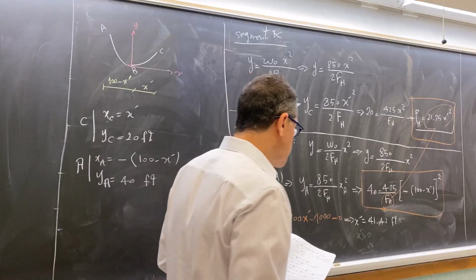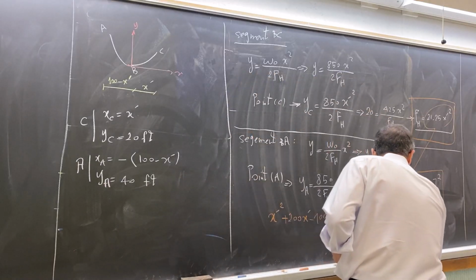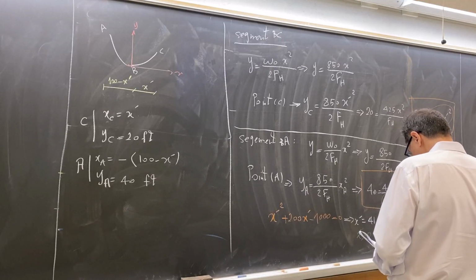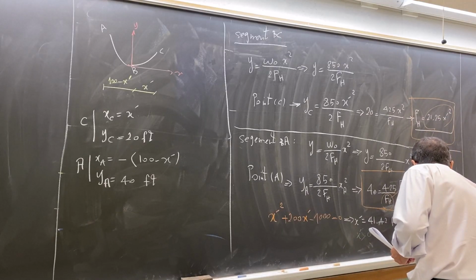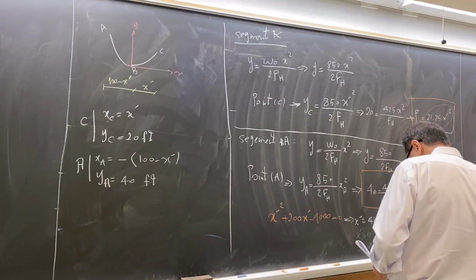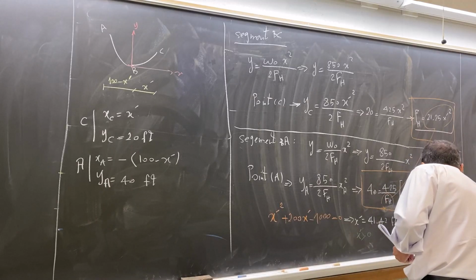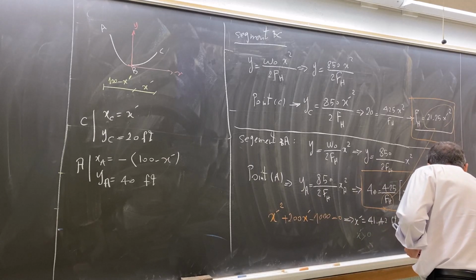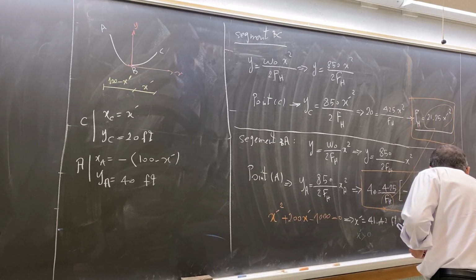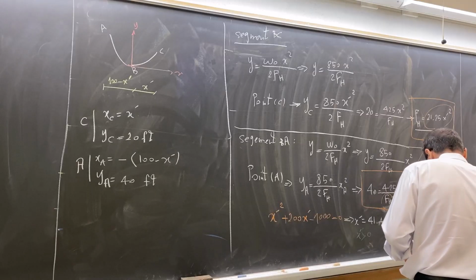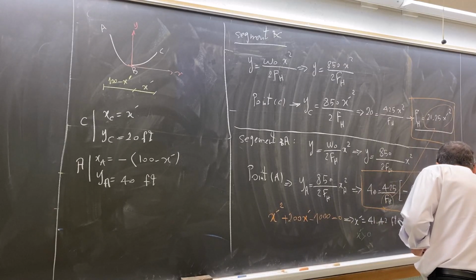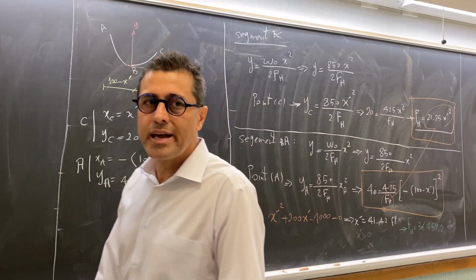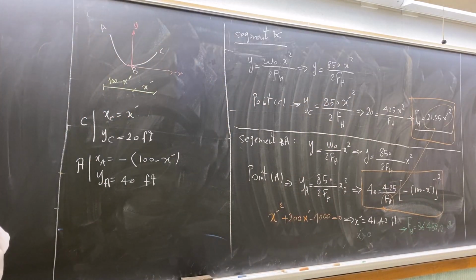So now we have x prime, and then from here you substitute the value of x prime to find fh. So fh is eventually 36459.2 pound. So we found fh, and this was our intention.